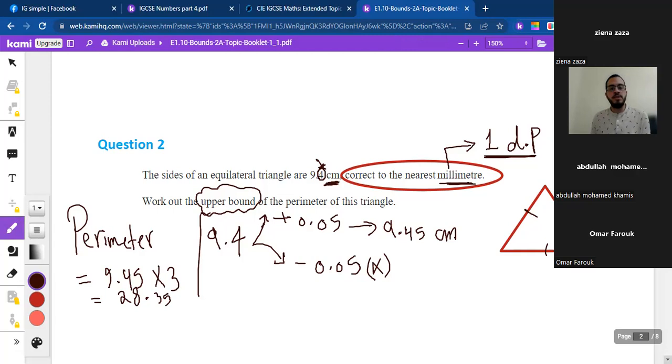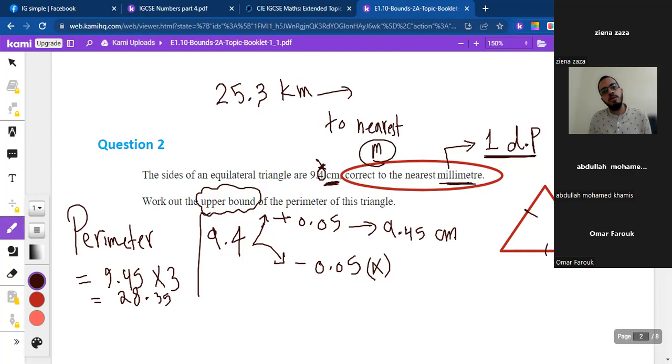Yes. For example, if it's kilometer, to the nearest meter, we'll make it a whole number to the nearest meter, because kilometer is bigger than meter.